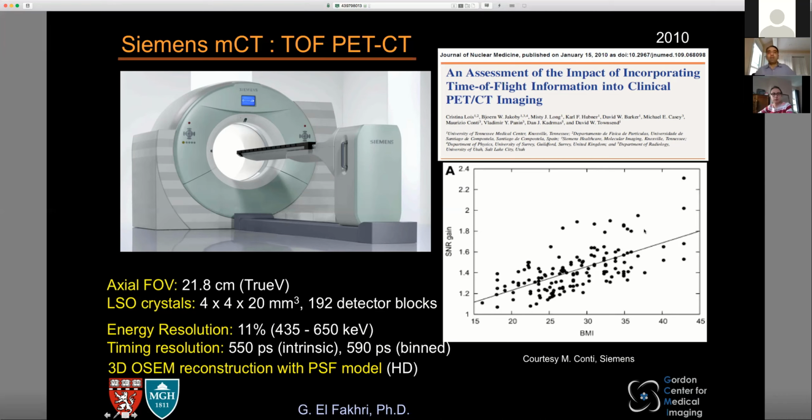Now you saw last time that as the patient becomes larger, the image quality deteriorates because we have more attenuation, more scatter, and more randoms. So as the patient becomes larger, image quality is going to deteriorate. And yet, what we're seeing here is that as the patient becomes larger, the gain we get, the improvement we get with time of flight compared to non-time of flight goes up.